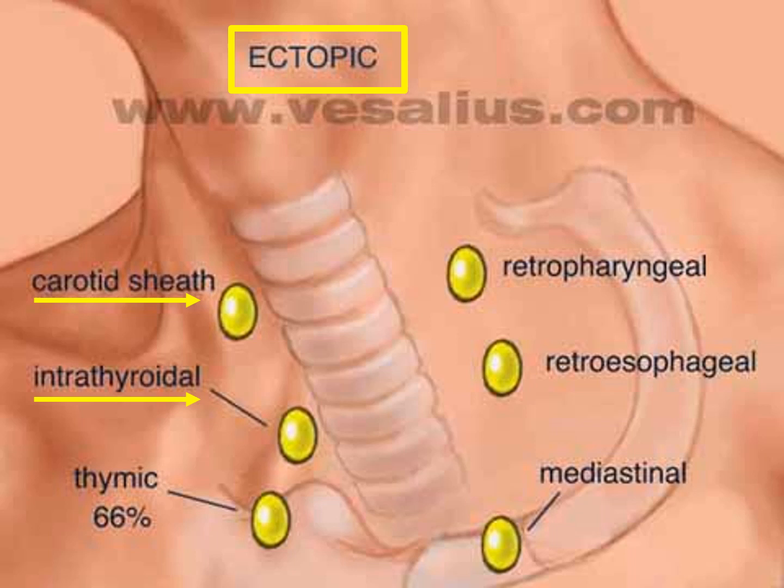They are usually outside the capsule of the thyroid, and they can be retropharyngeal, a difficult position to reach, behind the pharynx, and retroesophageal, also a difficult position, and can be in the mediastinum, and they can be in the thymus.